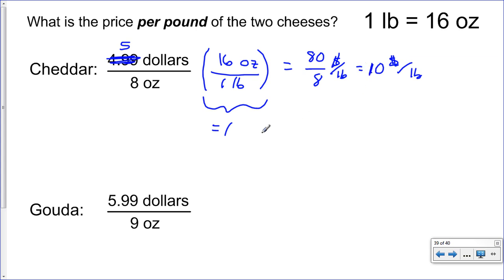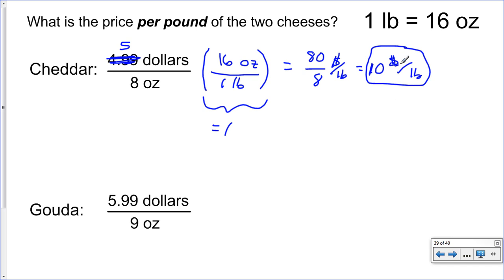Now, hopefully you look back and say, well, gee, you could have just realized, and yes, I know this, if 8 ounces cost $5 and there are 16 ounces in a pound, then a pound is going to cost twice as much, $10. This is half a pound. If half a pound costs $5, then a whole pound is going to cost $10.